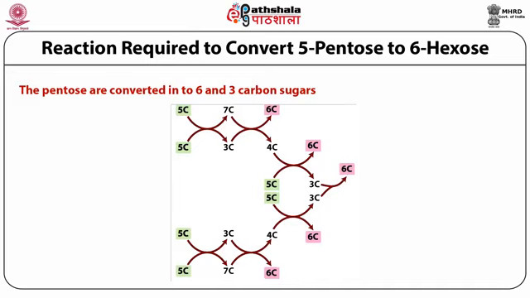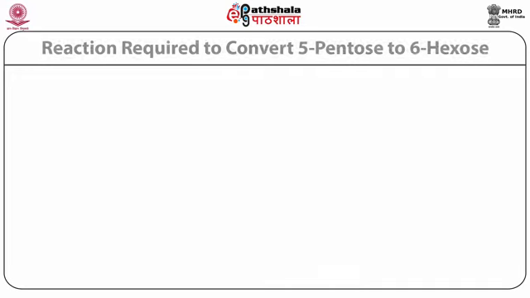The enzyme responsible for 3-carbon transfer is called transaldolase, and the enzyme responsible for transfer of 2-carbon units is called transketolase. And second, the number of carbons involved in the reaction adds up to either 10, that is 2 reactions, or 9, that is 1 reaction.